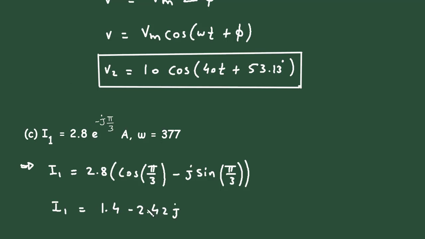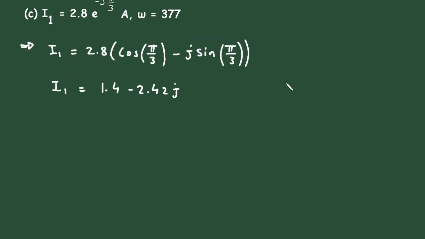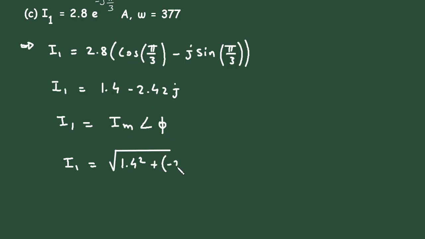Now again we will convert this rectangular form to polar form. We need this in the form r at an angle phi, or we can write Im at an angle phi. So I1 will be equal to under root of 1.4 square plus minus 2.42 square at an angle tan inverse of minus 2.42 divided by 1.4.